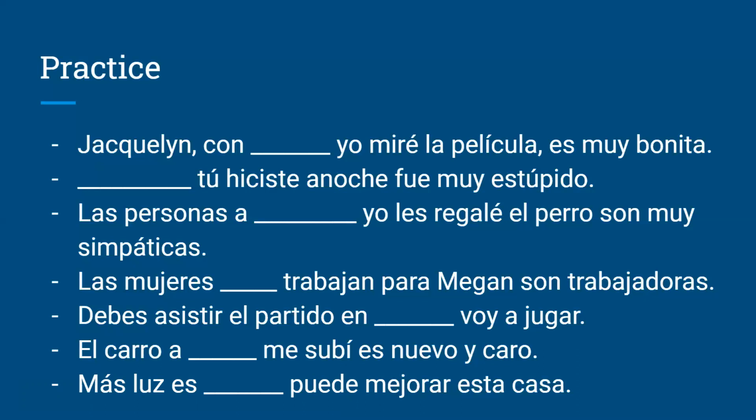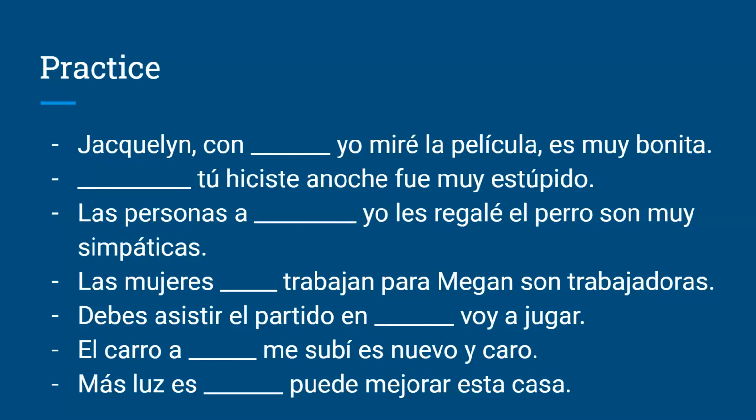And finally, this last one. It says more light, más luz, more light is what can improve this house. Are we talking about a human being? No. Here's where it's a little confusing again. Are we talking about a clearly defined thing? You might think yes. You might think we're talking about light, right?